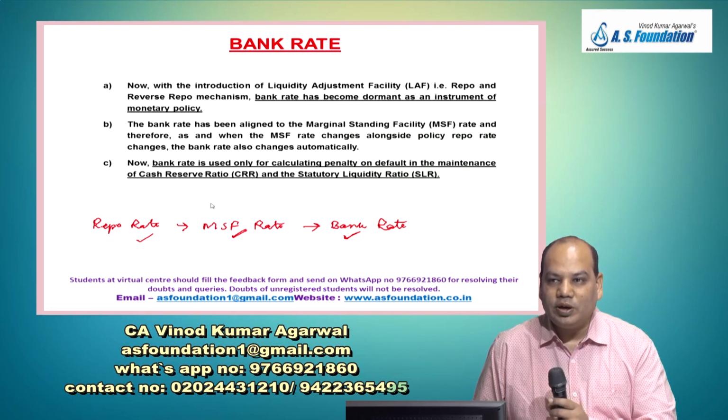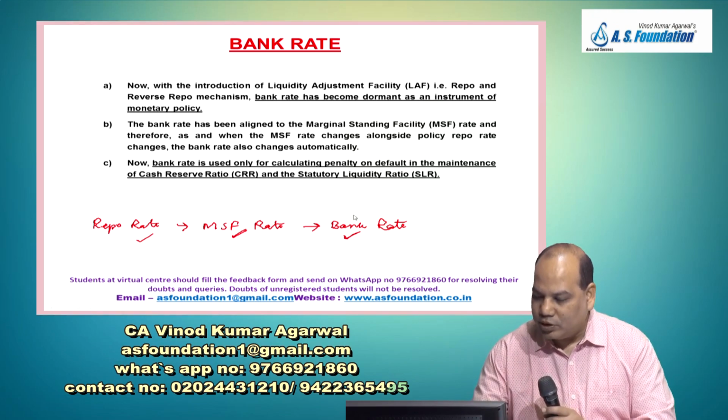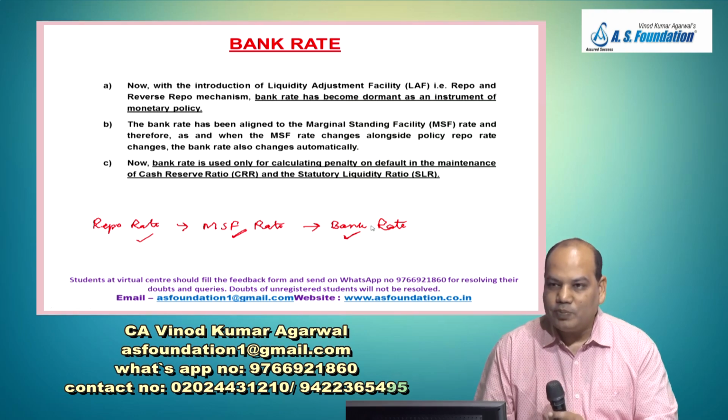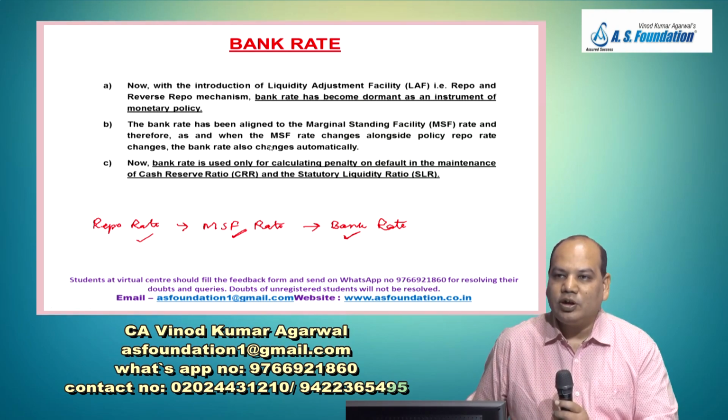So if you don't maintain CRR and SLR, the penalty will be levied by applying the bank rate. Otherwise, bank rate, which was a very important instrument of monetary policy, has become dormant. What is dormant? Not active.